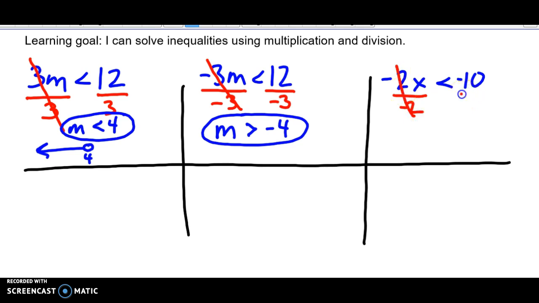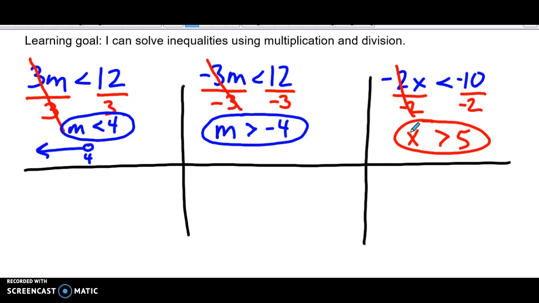These negative 2's cancel. If I divide the left side by negative 2, I have to divide the right. So all I'm left with over here is x. And on the right side, negative 10 divided by negative 2 is 5. So take a look at my 3 solutions here, and hopefully you are asking some questions right now.